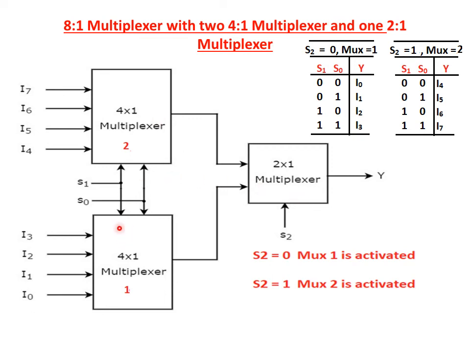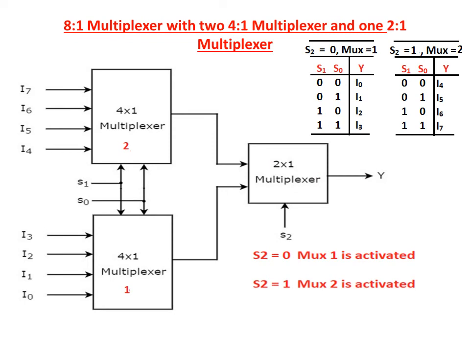The selection lines S0 and S1 are common for both multiplexers, and the third selection line S2 is used to control the whole operation. That means when S2 is equal to 0, multiplexer 1 is selected to the output side, and when S2 is equal to 1, multiplexer 2 is activated and it is connected to the output side.